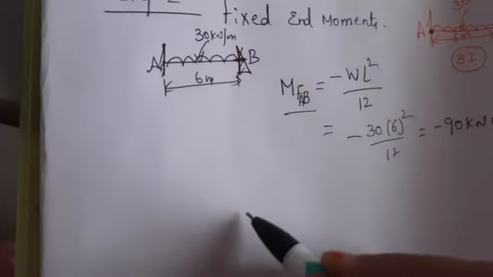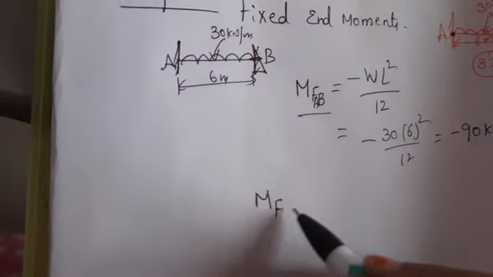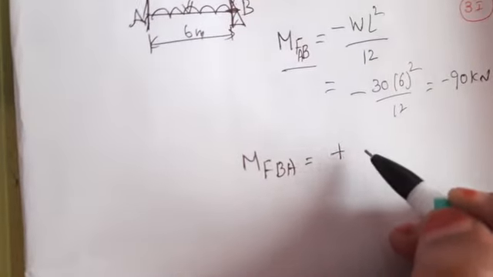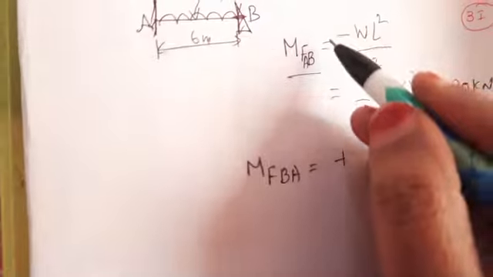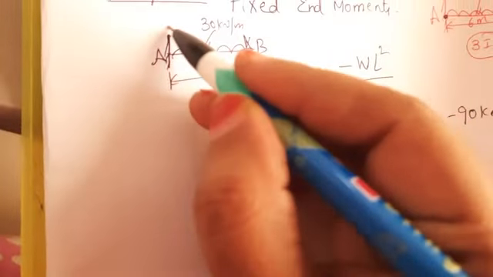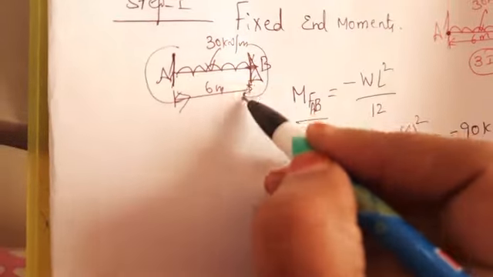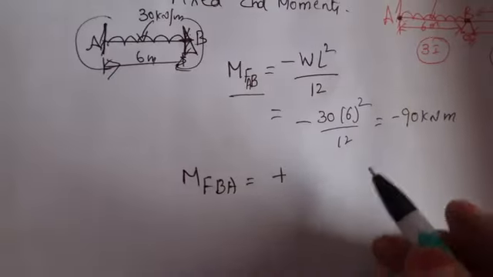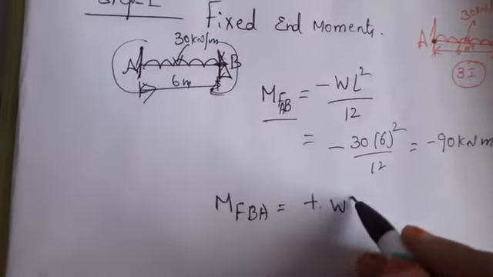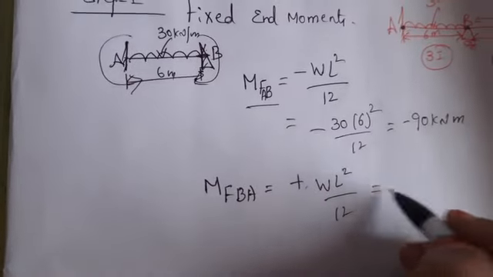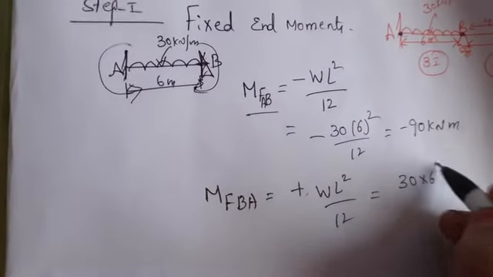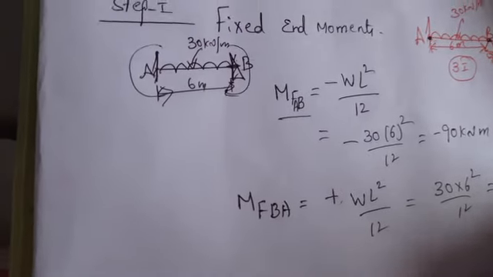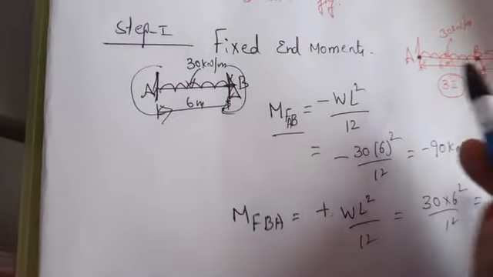Next you have to calculate MFBA. Same formula, but this one is in the anti-clockwise direction, that's why you take it as negative, and BA is the positive clockwise direction. MFBA equals the same formula, plus WL square by 12. Substituting 30 into 6 square by 12, we get plus 90 kilonewton meter. This is for the first beam, the AB beam.